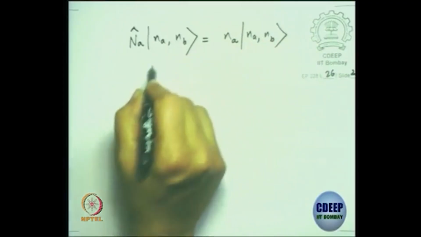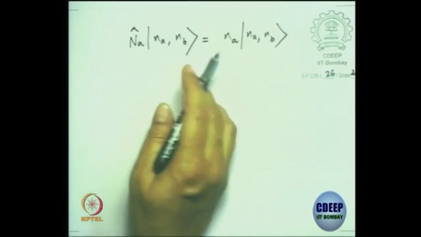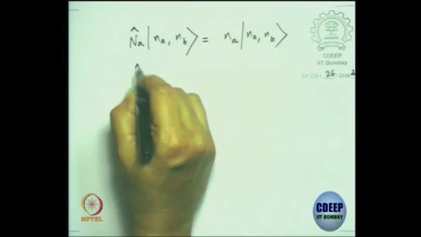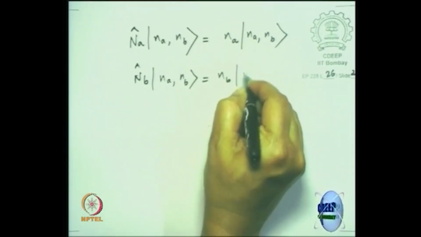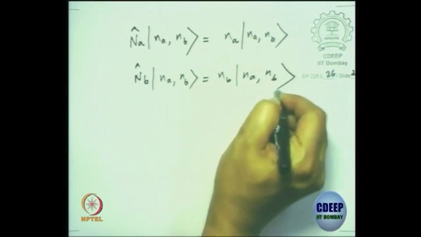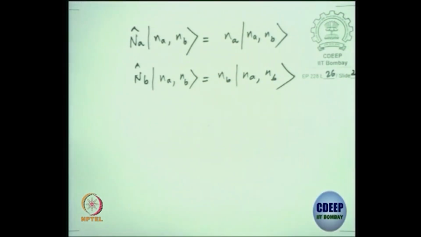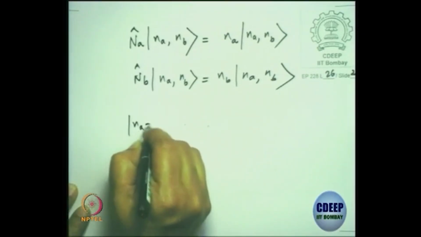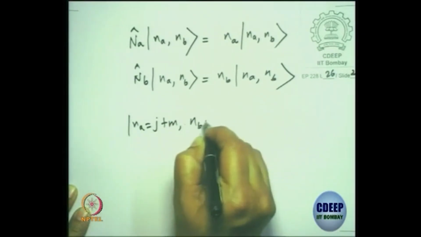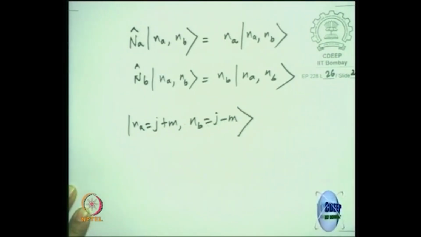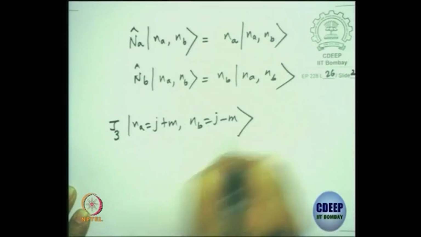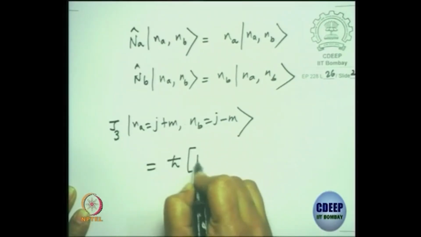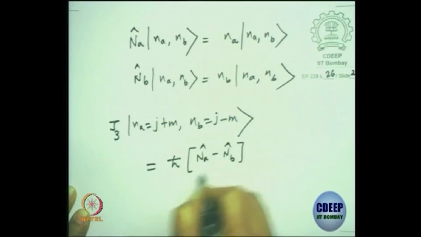I can write a state as a simultaneous eigenstate of both the oscillators because they commute. Similarly for Nb. Is that right? I can do this. I can also write Na as j plus m and Nb as j minus m. And look at what J3 is. J3 is nothing but h cross times the Na operator minus the Nb operator, by 2.